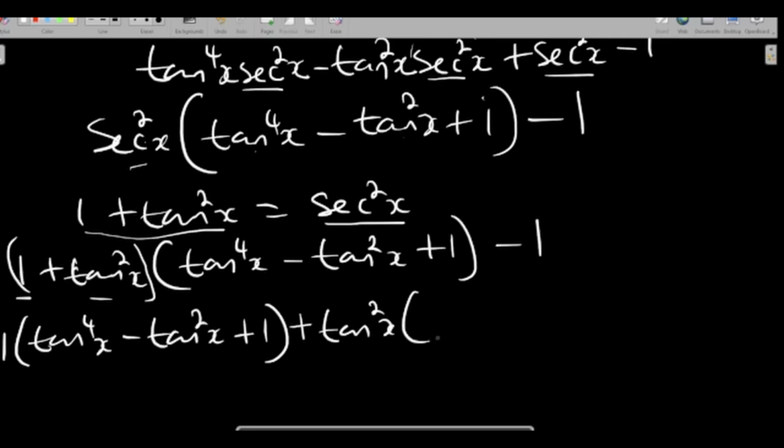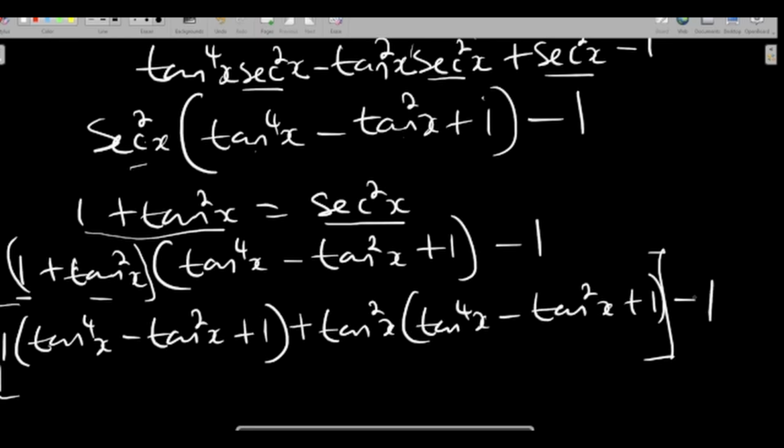It multiplies the tan to the power of 4x, minus tan squared x, and then a plus 1. You close the bracket. I'm going to enclose all of this inside the bracket, and then outside you have minus 1, which is the minus 1 that we also have here.